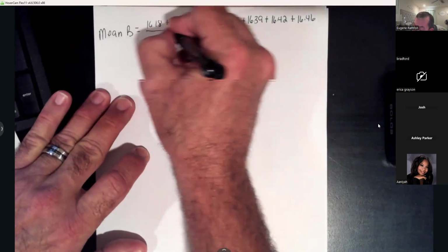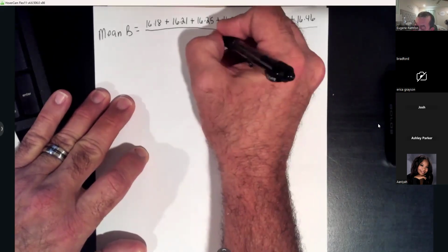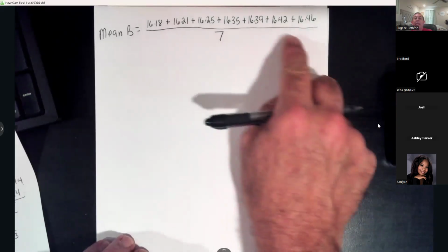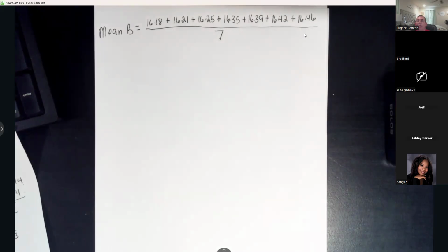We'll add all them together and then divide by 7 since we had 7 data points. So y'all, let's go knock that out real quick on our calculator.